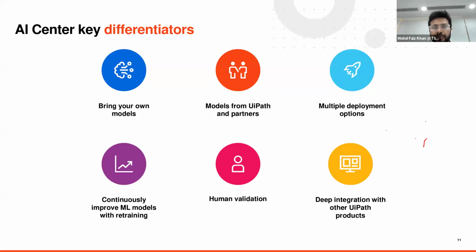So you can retrain the model with more data, so that it can fulfill your requirement, or it can reach the threshold, or it can reach the confidence score. Human validation, you can leverage the Action Center. AI Center and Action Center are two different products of UiPath. You can use the Action Center for any kind of approval or human in the loop validations.